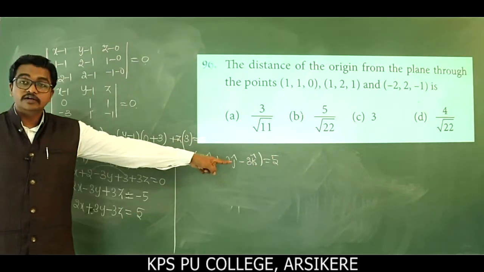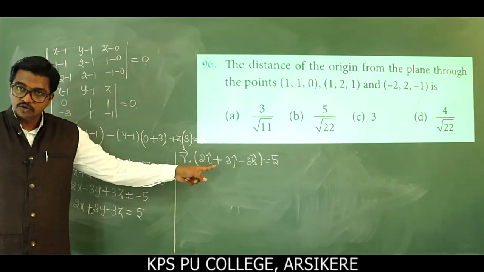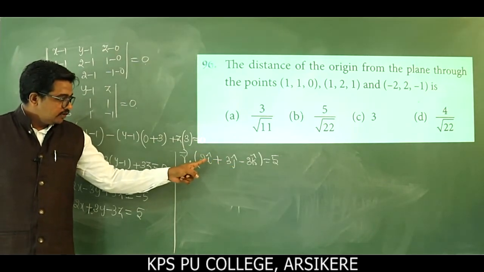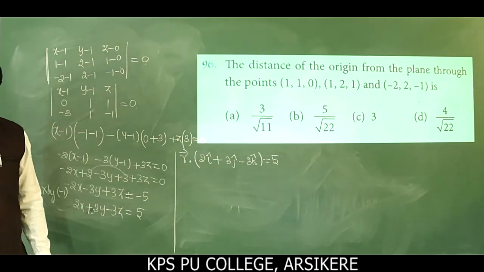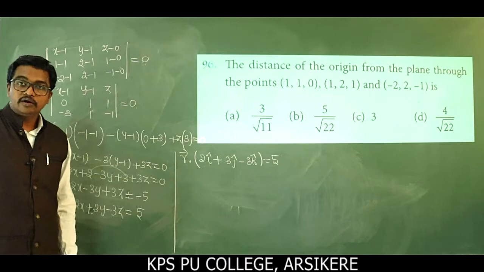Is it a unit normal vector? No, because the magnitude is the square root of 2 squared plus 3 squared plus 3 squared, so that becomes square root of 22.